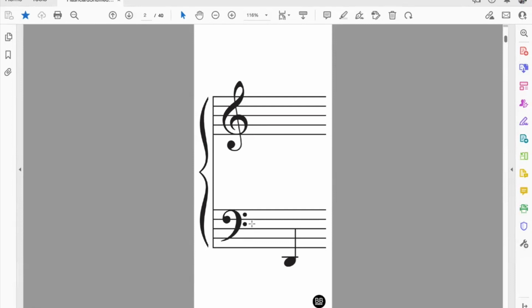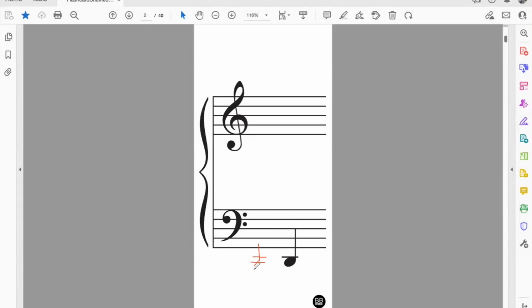Be wrong. Fail with glory. It's totally cool. Low C? It's low C. Good, you're right. So low C is two lines below. How far away? It's a step.